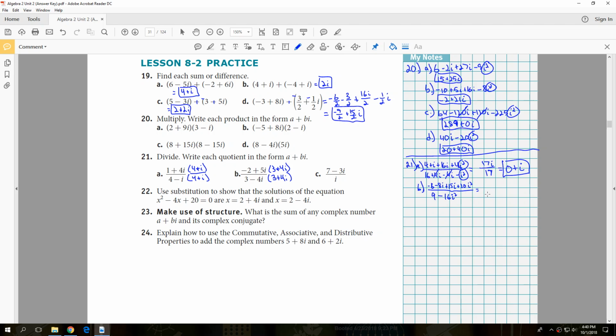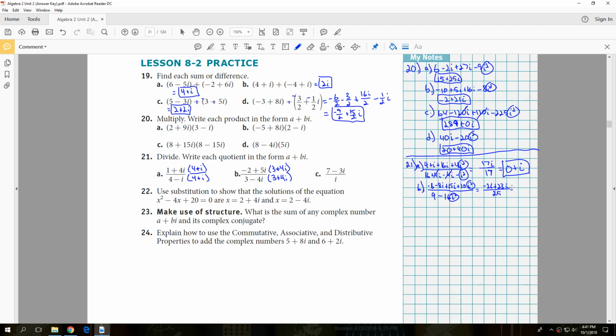All right, and so let's go ahead and simplify this. So this i squared here is going to be -1, and this i squared is going to be -1 as well. So that will become -6 minus 20, so -26, and then plus 23i divided by 9 plus 16, so that would be 25.